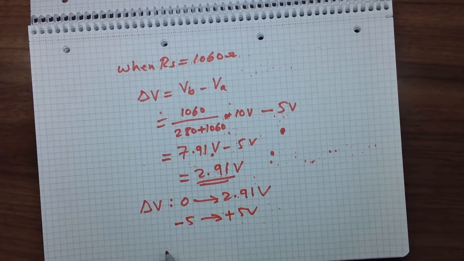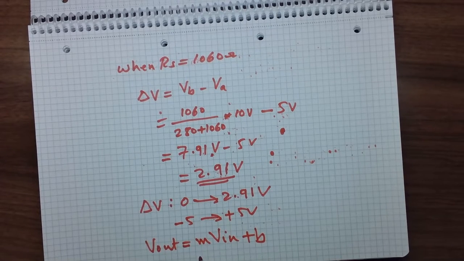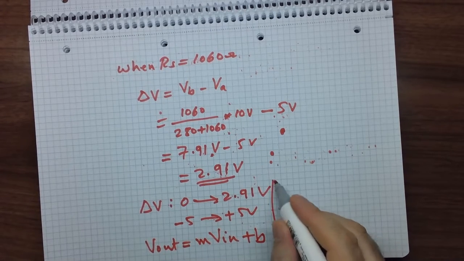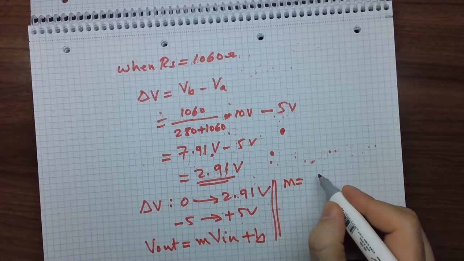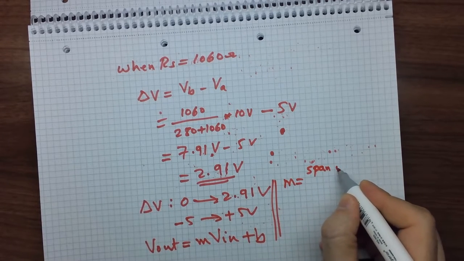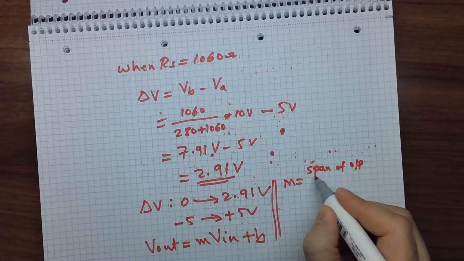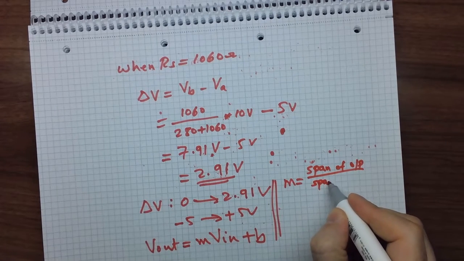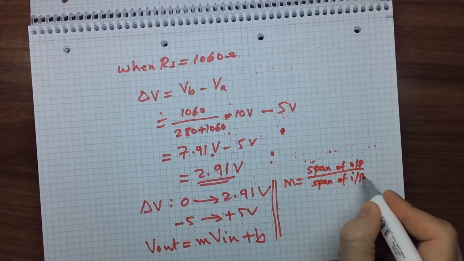So in this case, what is the equation? We need to find the equation. In this case, V out is equal to M Vn plus B. M is equal to the span of output over the span of input.